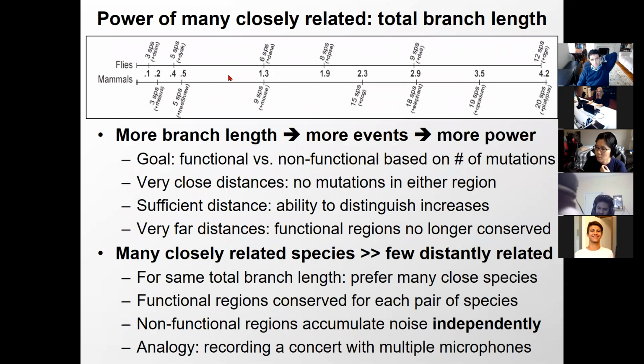So your power should be scaling roughly linearly with the amount of evolutionary distance that you capture in the tree of species that you're aligning.